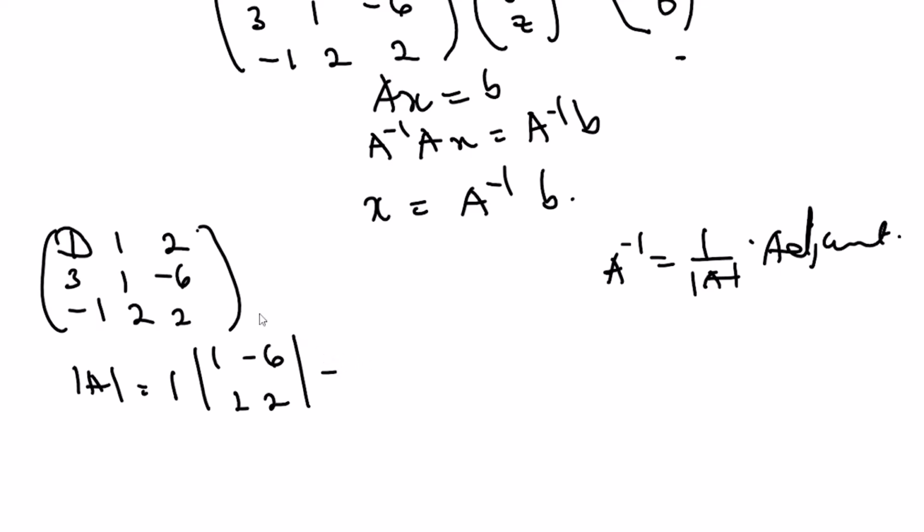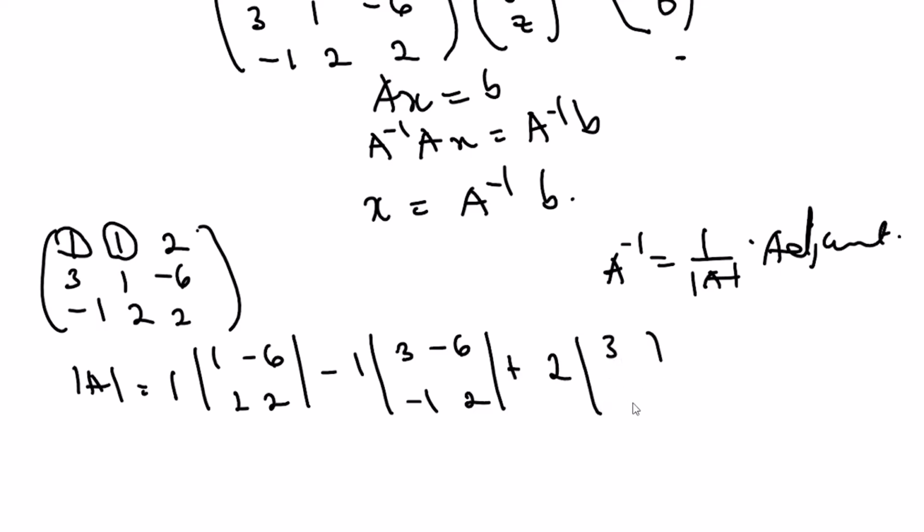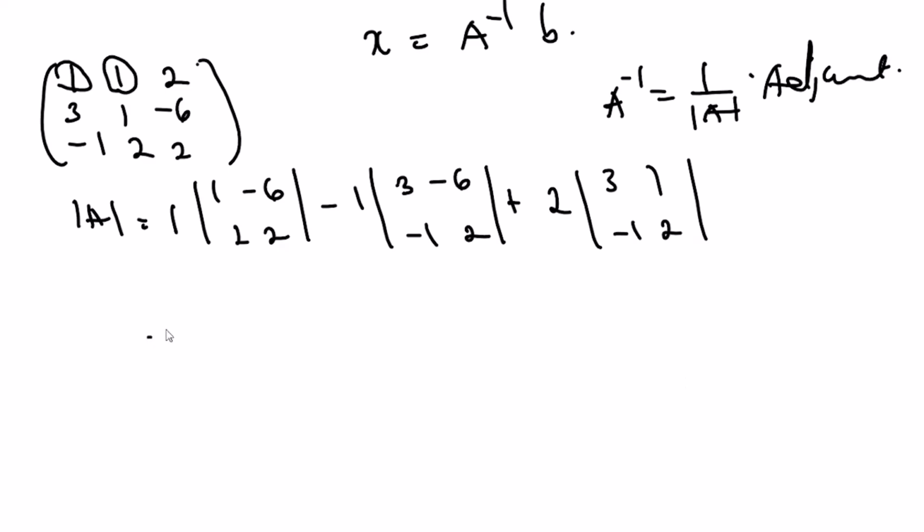Then we have 1 there, so it should be 1 out here, cancel row and column. So the next one is this, cancel row and column, we get what? 3, negative 6, negative 1, 2. So have plus, so you have 2, multiply 3, 1, negative 1, 2. Yes. Then we move on to down 1. So here you have 1 multiply 2 minus 12, so you have plus 12.